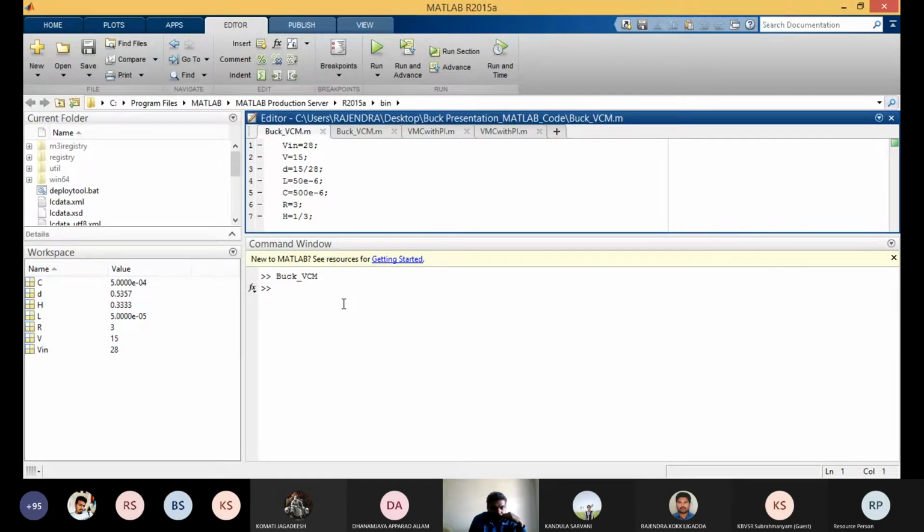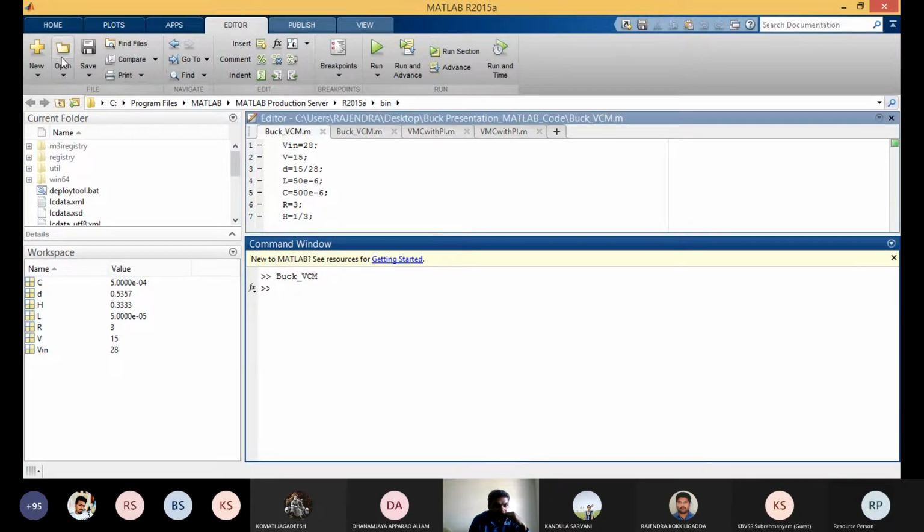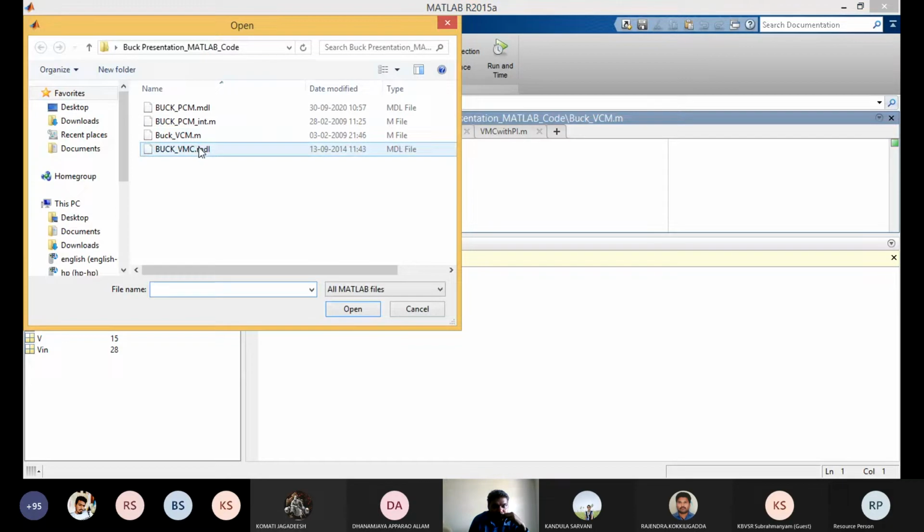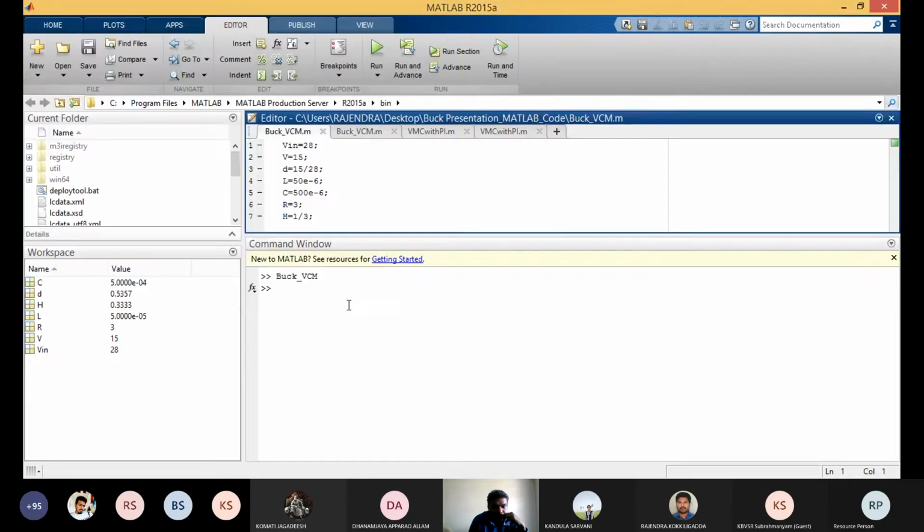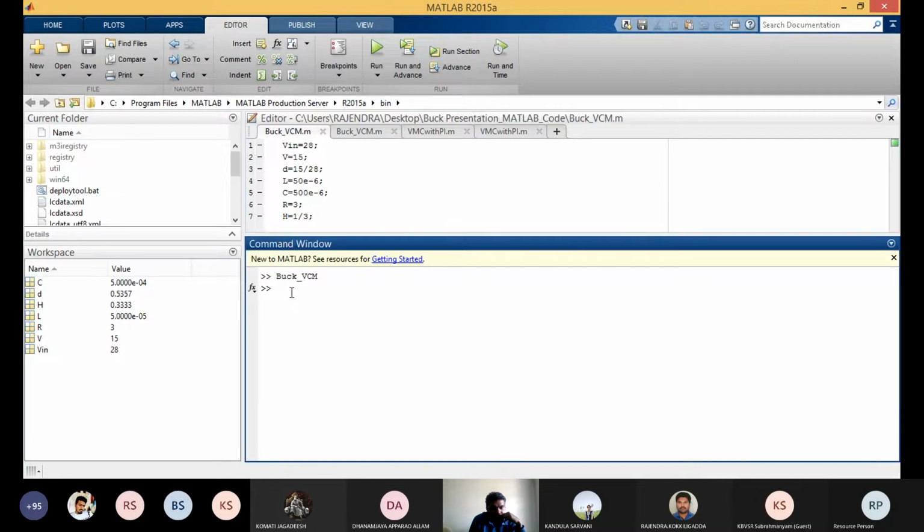By opening the simple voltage mode controller block, we will run the simulation. Just wait, simulation is starting.